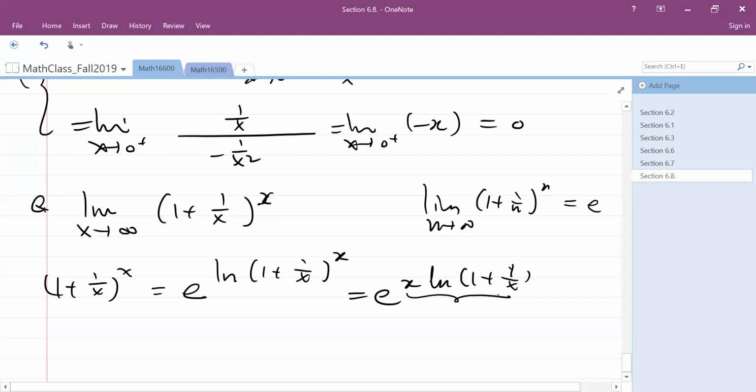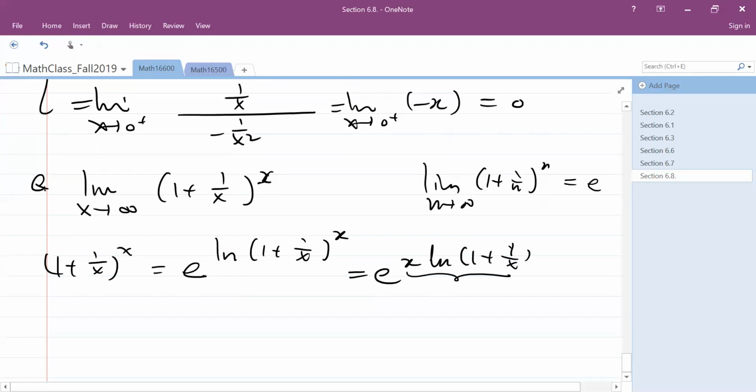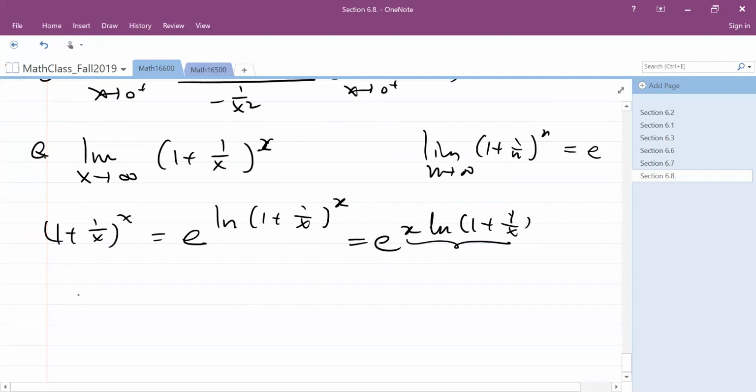This is still not in quotient form. I did not get rid of e; I'm just starting over on a new line, considering this power. Then this product can easily be changed to a quotient.